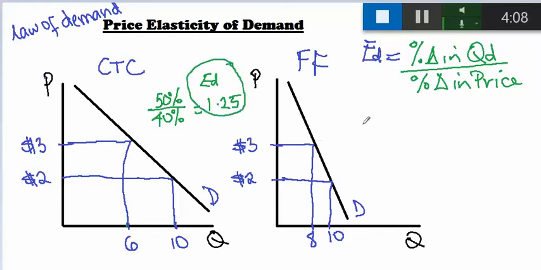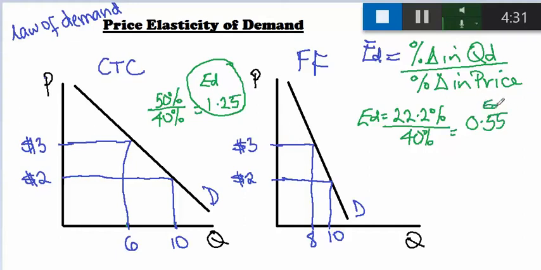Now when we go to Frosted Flakes, the percent change in quantity demanded is 22.2%, and the percent change in price is 40%. So we have 0.55 as our elasticity of demand for Frosted Flakes.